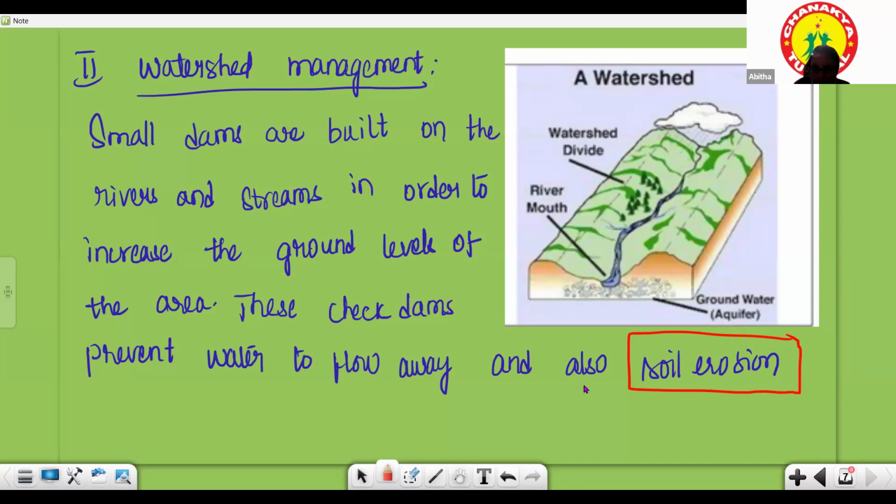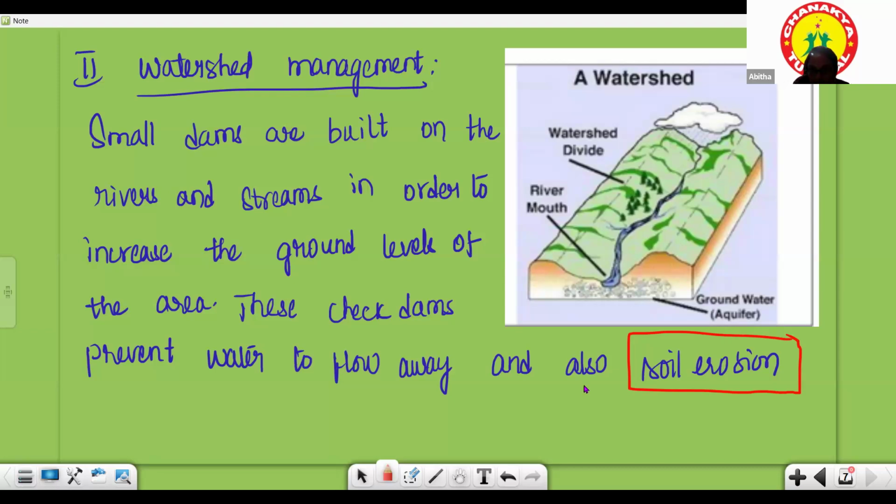When you receive floods, the upper rich layer of the soil goes away with the water. In flood areas, you could have seen that crop development is very low because of soil erosion.